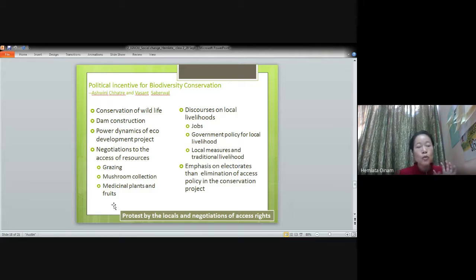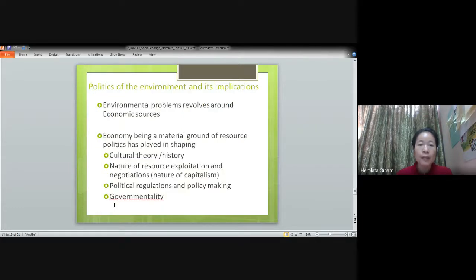And the major concern, the accessibility and lack of these resources for the local community, has been sidelined. Rather, they have brought in something for electoral gain. Now, the politics of the environment and its implications have brought major problems.